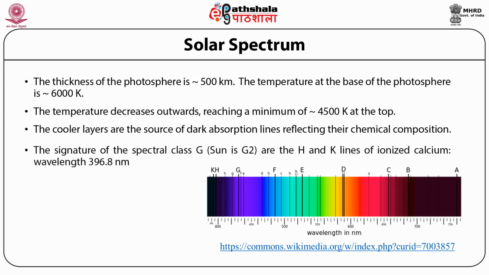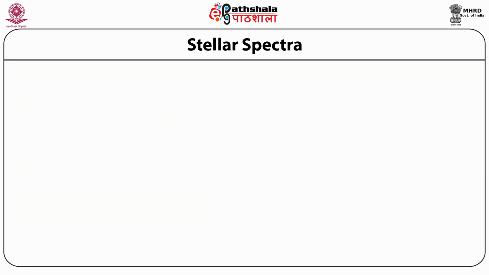The signature of the spectral class G, the Sun being G2, is the H and K lines of ionized calcium, with a wavelength of around 396.8 nanometers. So let us now discuss the stellar spectra.